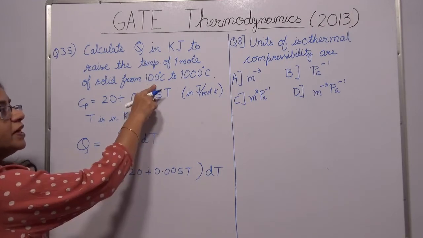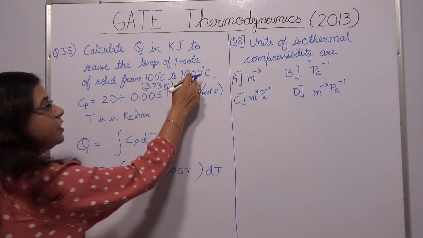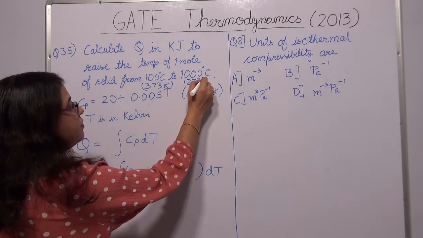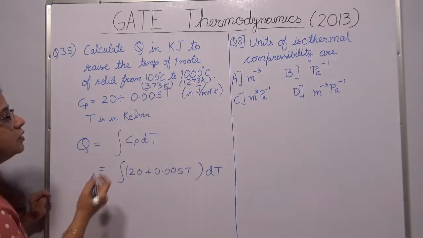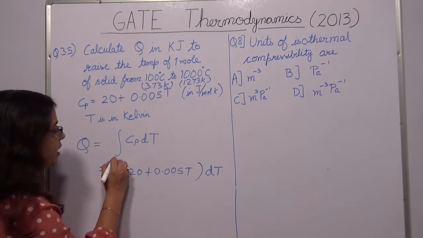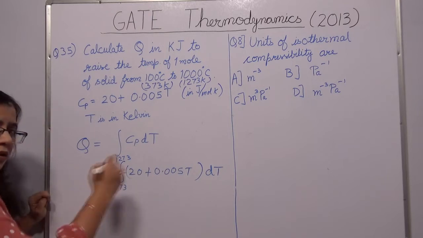So 100 will become what? 373 Kelvin, and 1000 will become 1273 Kelvin. These are the limits which you have to apply. So 373 and 1273. Now do the integration.